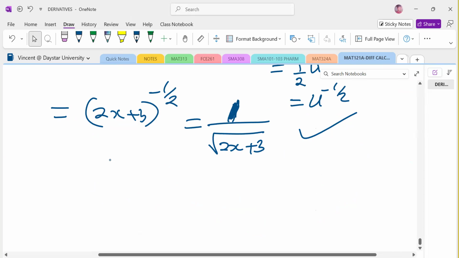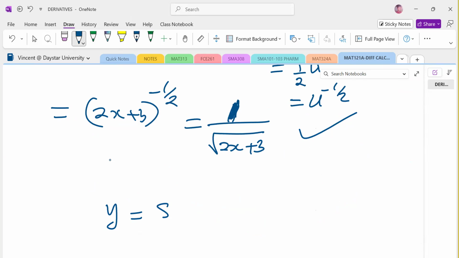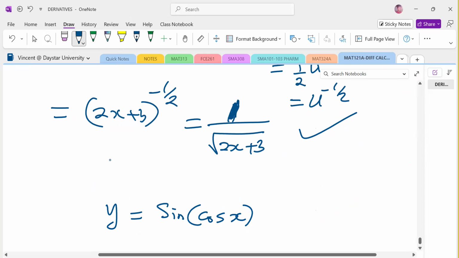So what if we have y equals sine of cosine of x? Sine of cosine of x.